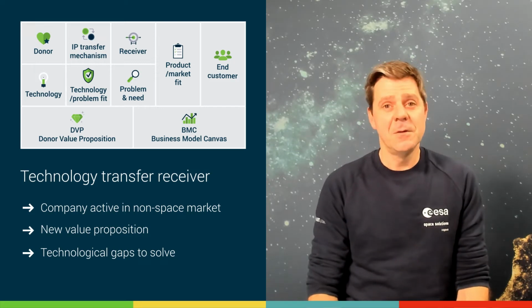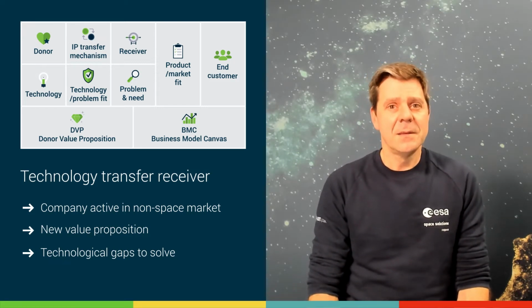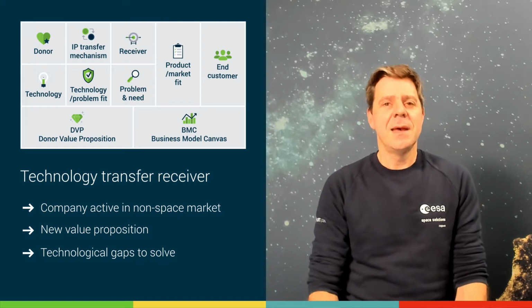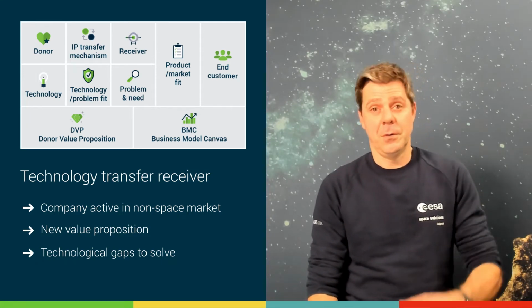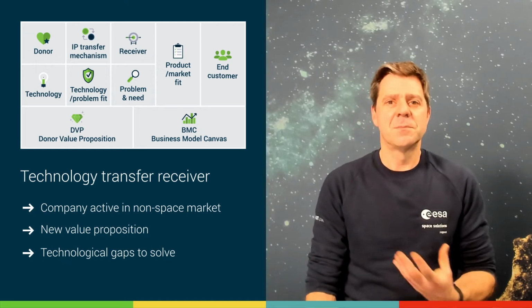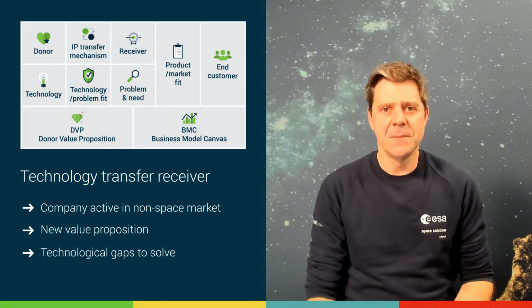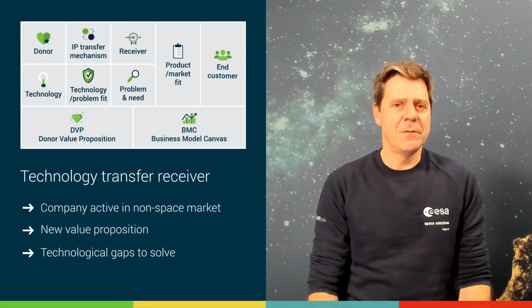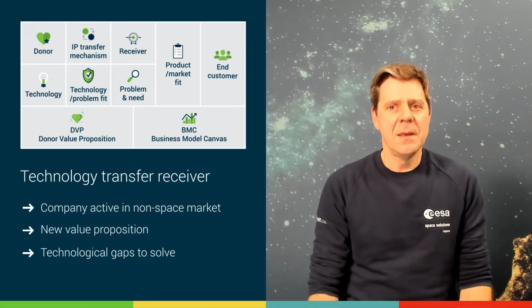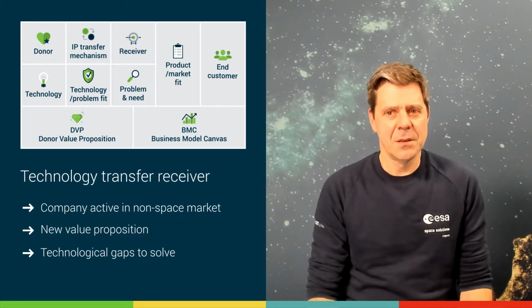To make that value proposition a real thing, they still need some technology, and that technology could maybe be solved or developed with the use of space knowledge or space technology. So that's basically the setup. You have a company that wants to innovate and create a new business model, and maybe they can use space technology.